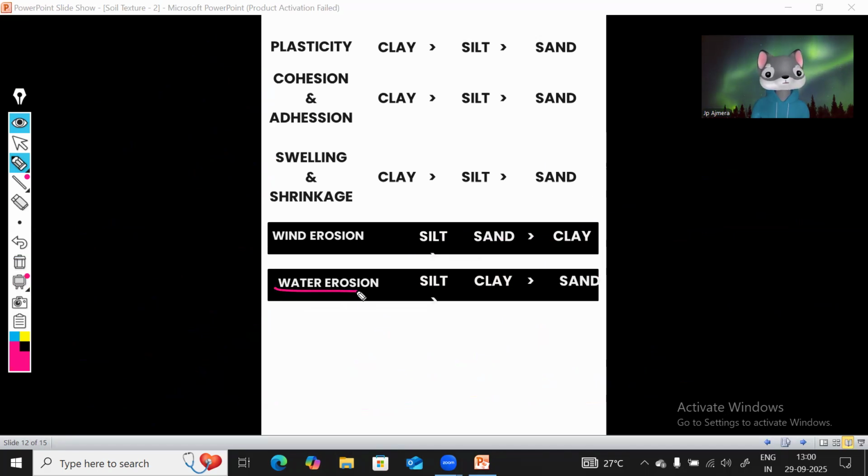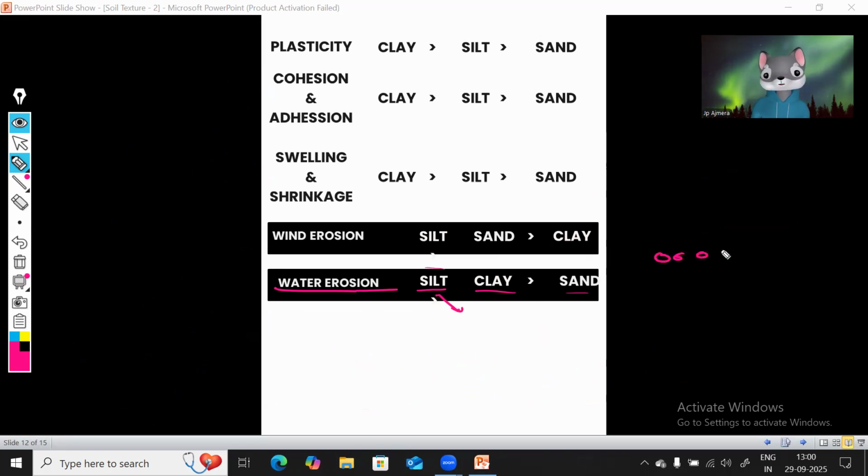Now, like water erosion. In the case of water erosion, silt soil is in the first place, then the second place, and everything is changed here. Why does silt come up in first place?